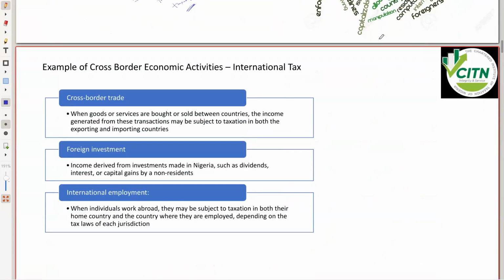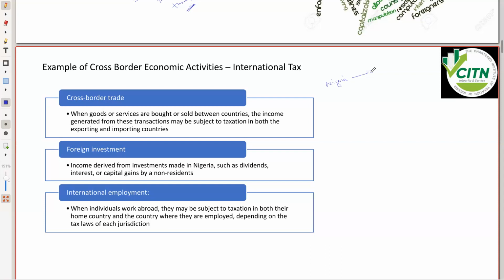So what are some examples of cross-border activities that might warrant international taxation? There are quite many, but let's group them into three main classes. One is cross-border trade. You are in Nigeria, but you actually sell goods outside Nigeria.